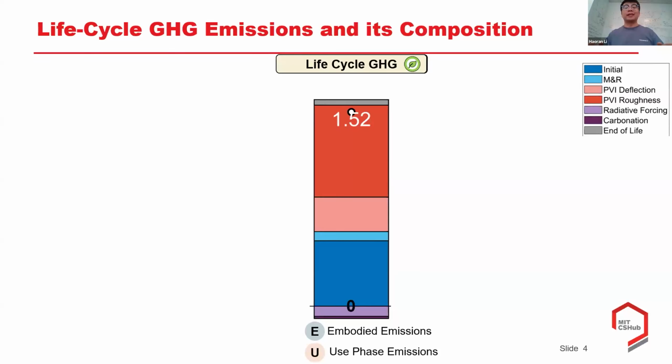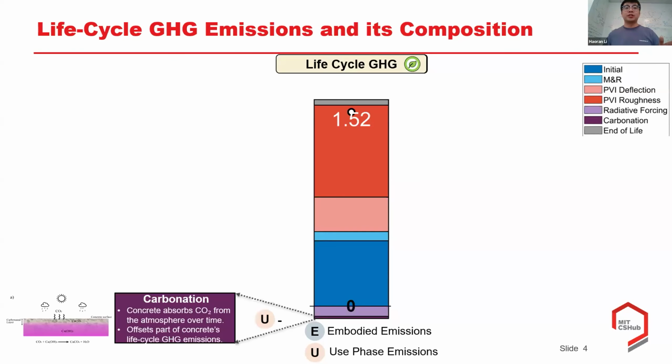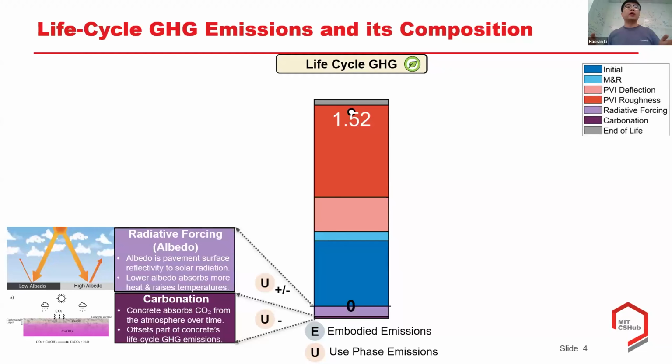Here is an example of the components of the LCA. We can see it involves embodied emissions and use phase emissions, including carbonation, where CO2 will be absorbed if we are using concrete material for the surface during the use phase, and also the albedo impact or radiative forcing. When the surface has a higher albedo, it will reflect more solar radiation to the atmosphere, which can be translated to CO2 reflected to the atmosphere, giving off a cooler surface.